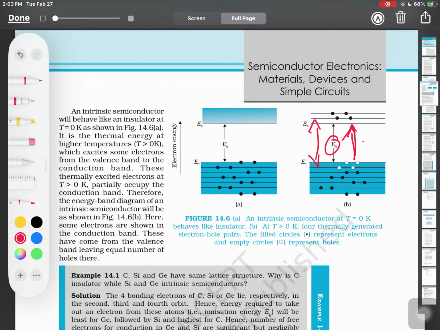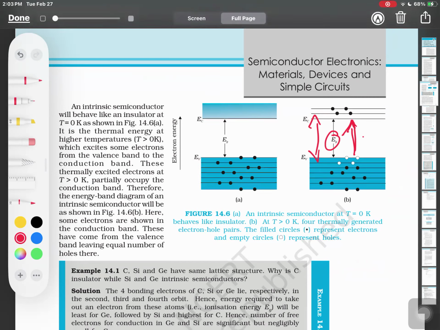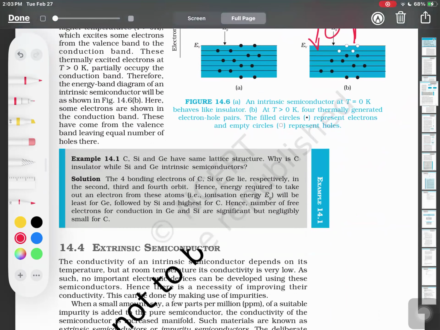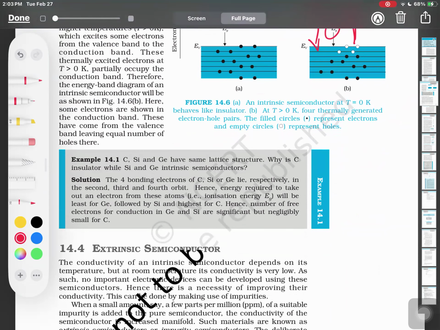In semiconductors, at a room temperature corresponds to which among the following? Okay, what is the first option? They have given the first option as the valence band is partially empty and the conduction band is partially filled up.